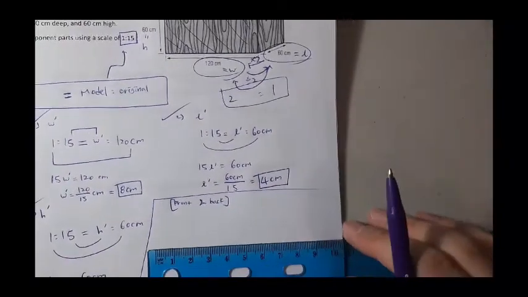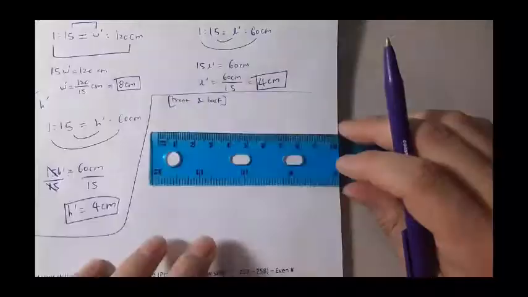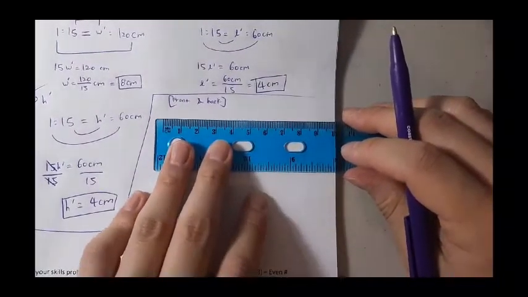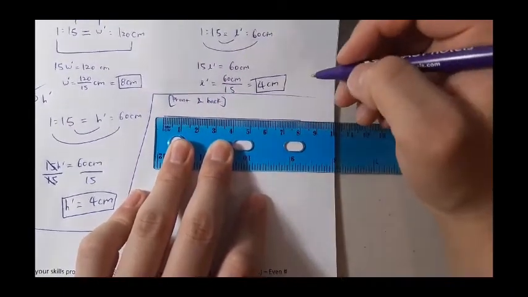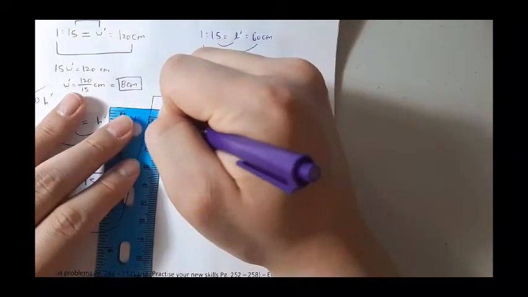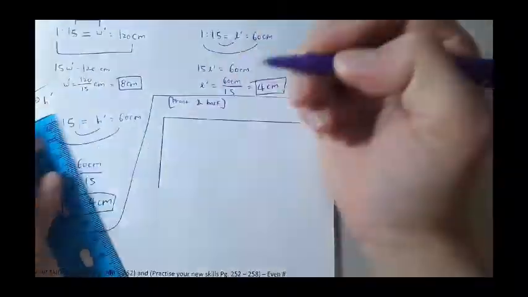So what I can do is literally take out my ruler and draw 8 centimeter. Then I can draw 4 centimeter like that.